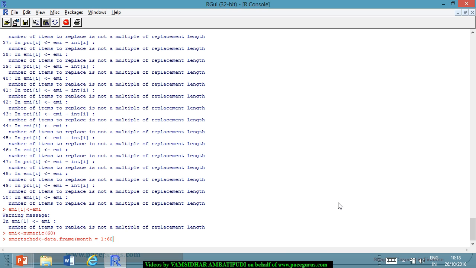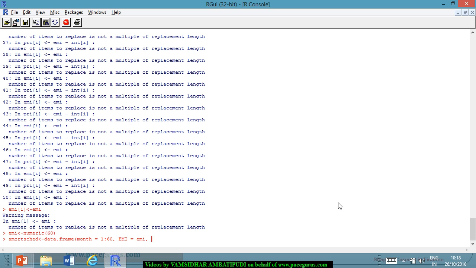I'll simply repeat the process. Then the EMI, right? I'm setting the EMI as the EMI values. Then probably if required I can round that EMI, or let me take the EMI as it is.